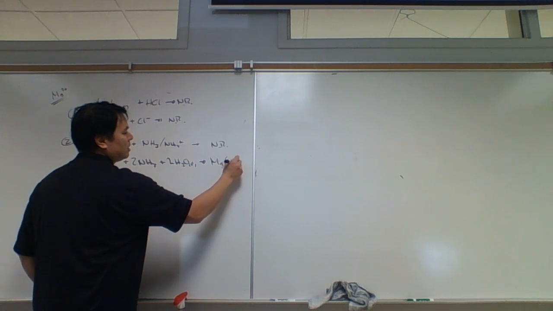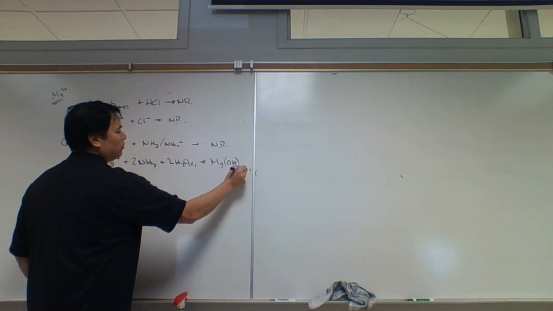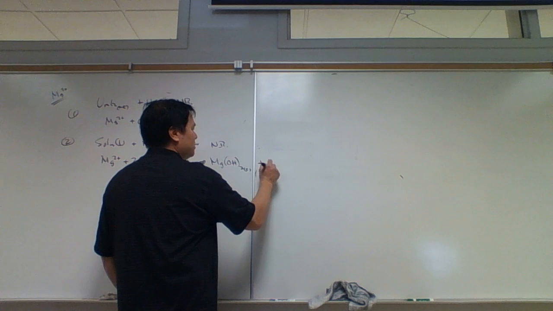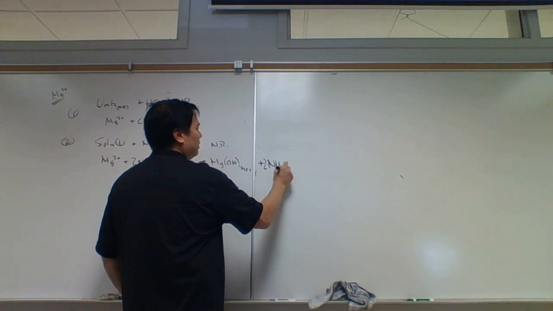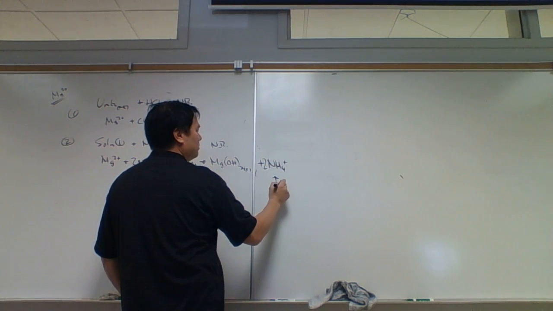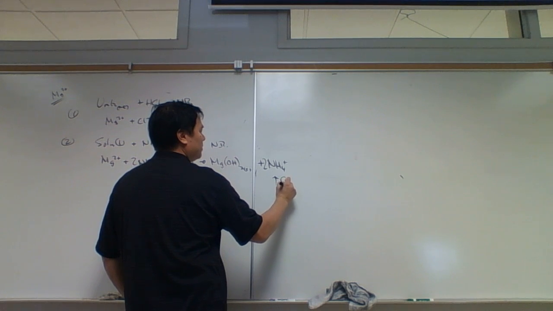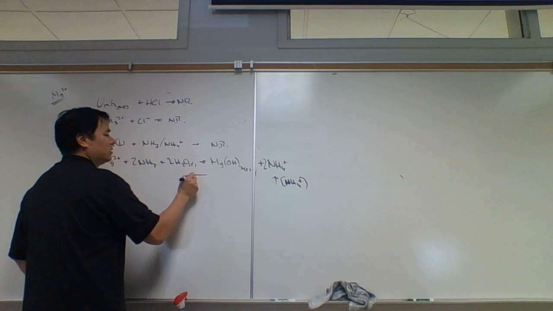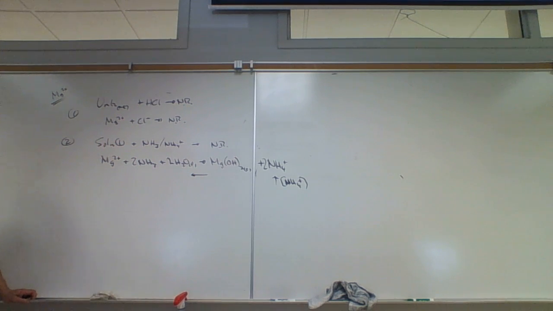Magnesium hydroxide is insoluble, so the driving force would be the precipitation of magnesium hydroxide. But again, that's prevented because of Le Chatelier's effect. This is why we add the ammonium. We want to increase the ammonium concentration to prevent this precipitation from occurring, because if this precipitation occurs, we're going to have trouble in the analysis of the aluminum, iron, and chromium. It'll screw it up.